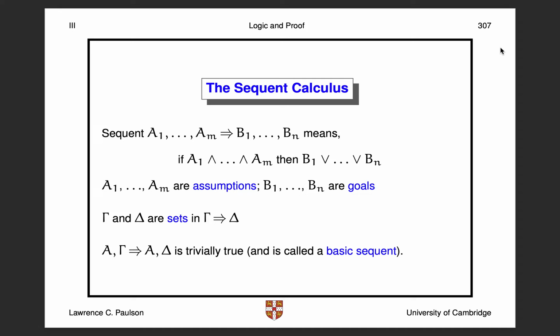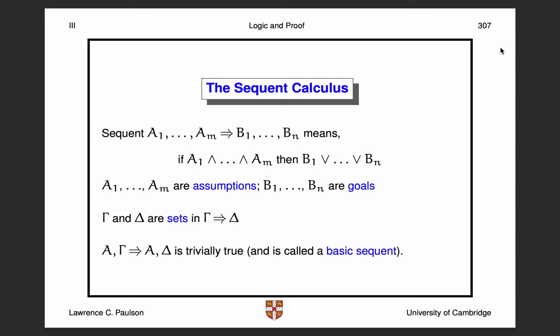Now, the first thing to know about the sequent calculus, and it should be obvious, is that if you have the same formula on the left side and on the right side, then the sequent is trivially true, simply because one of your assumptions is identical to one of your goals. Therefore, no work to do. We can write this using the Greek letters to abbreviate.